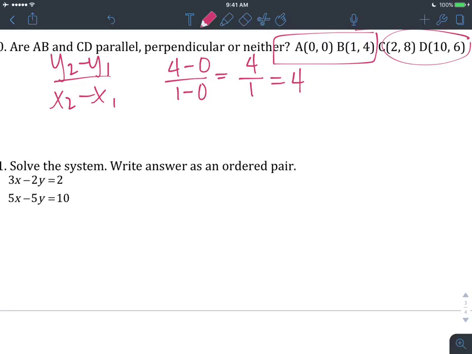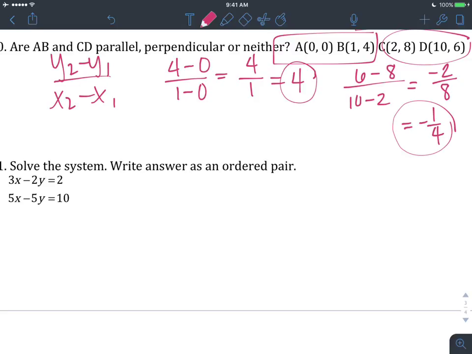We're going to have this one: 6 minus 8 over 10 minus 2. 6 minus 8 is negative 2. 10 minus 2 is 8. That's going to simplify to negative 1/4. So we have negative 1/4 and we have positive 4, which is the same thing as 4 over 1. So one is negative, one is positive. They are flipped. So these lines are perpendicular.